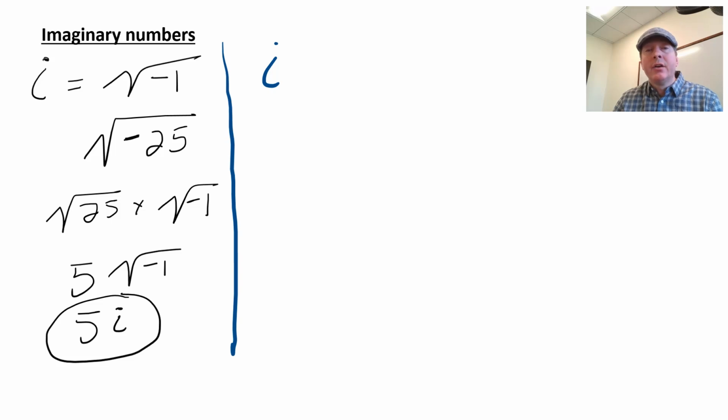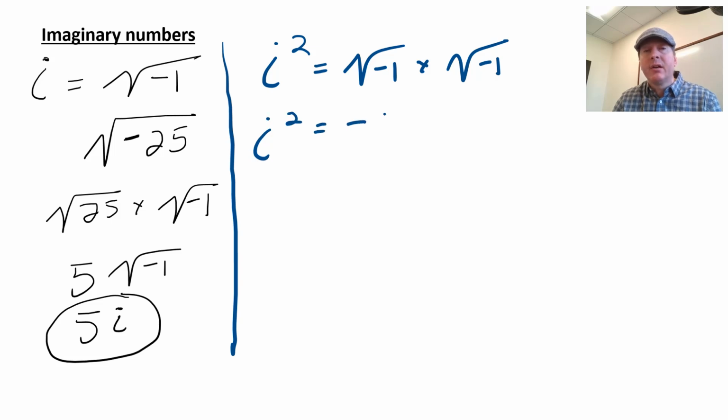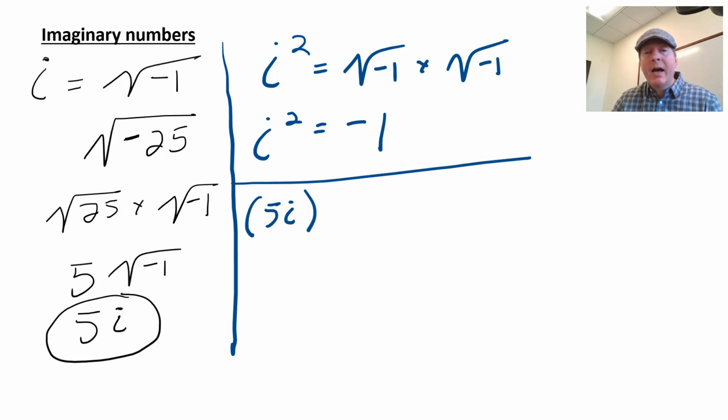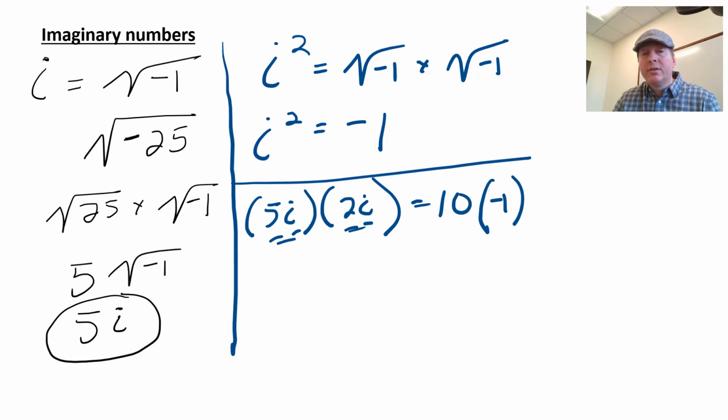Suppose I saw i squared. That's the same as the square root of -1 times the square root of -1. That is, i squared is the same thing as simply -1, okay? So if you asked me what is 5i times 2i, well, 5 times 2 is 10, and i times i, or i squared, is -1, so 5i times 2i is equal to -10.